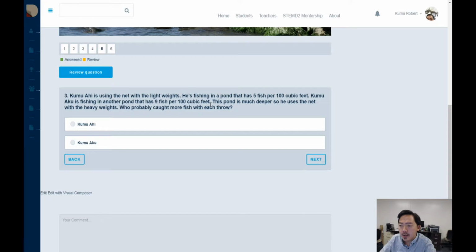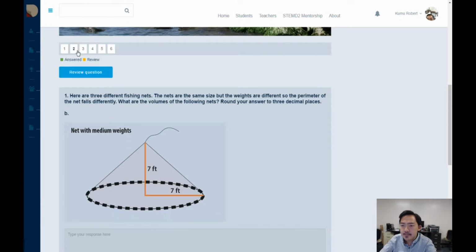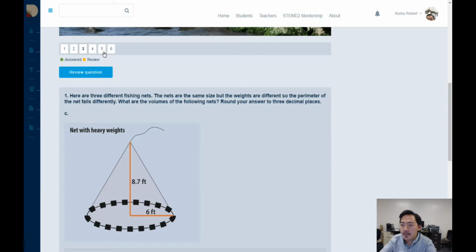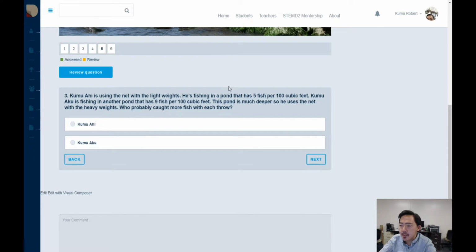The shapes of their ponds are different, so they use different throw nets. Now that we have the volume of the nets measured in cubic feet, and we also have the concentration of fish measured in fish per cubic feet, we should be able to calculate how much fish did Kumuahi and Kumuaku catch with each throw. We asked the students to figure this out in question 3.